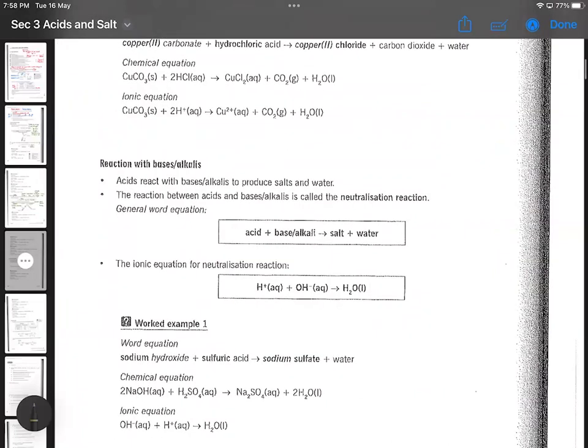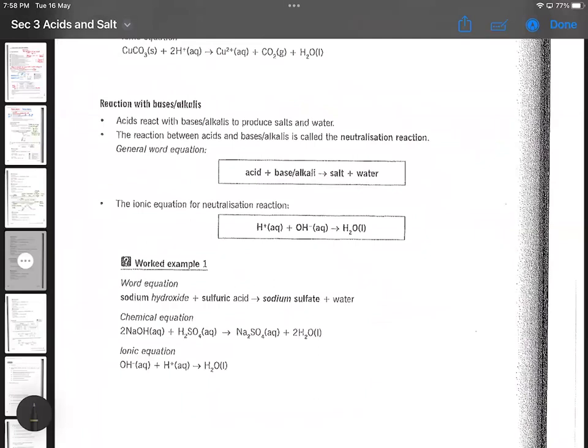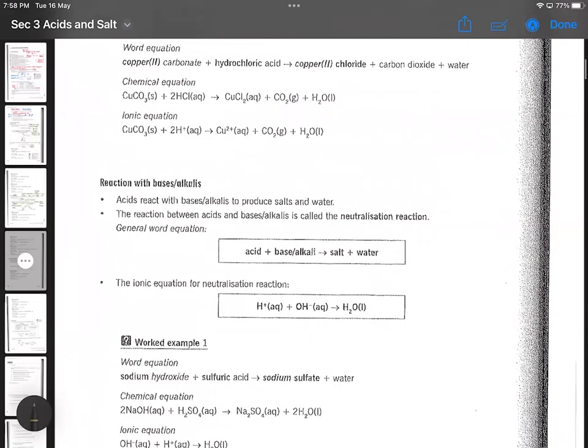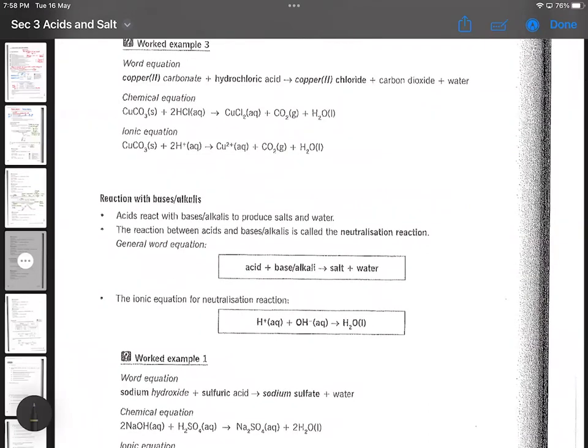There's this thing about reactions with bases and alkalis. What exactly is the difference between those two? Okay, first off, let's decide what exactly is a base. I'm not going into the definition, I'm just showing you how to recognize them.